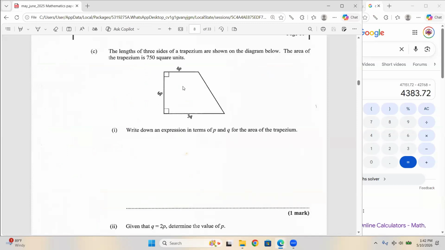So the area of a trapezium is a half by the sum of the parallel sides, by the height. The height is always perpendicular. That's why we have 90 degrees. The height is perpendicular to the parallel sides. So the parallel sides are 4P.